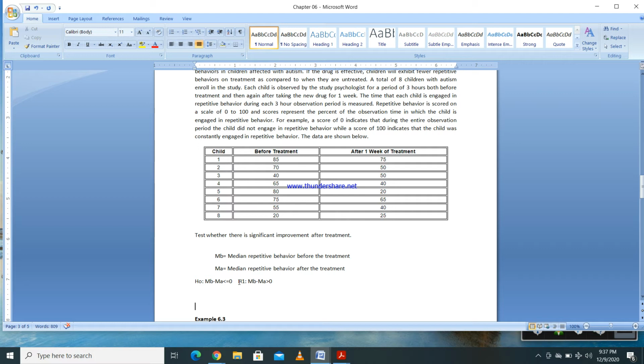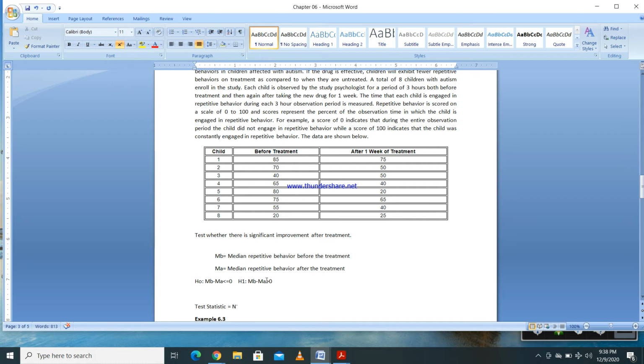When our alternative hypothesis has the greater than inequality, our test statistic is equal to n minus the number of negative differences.